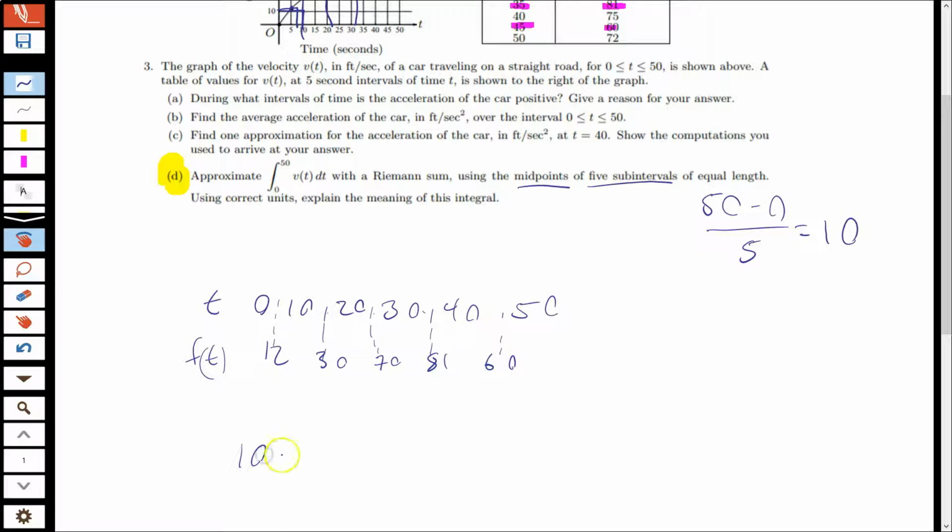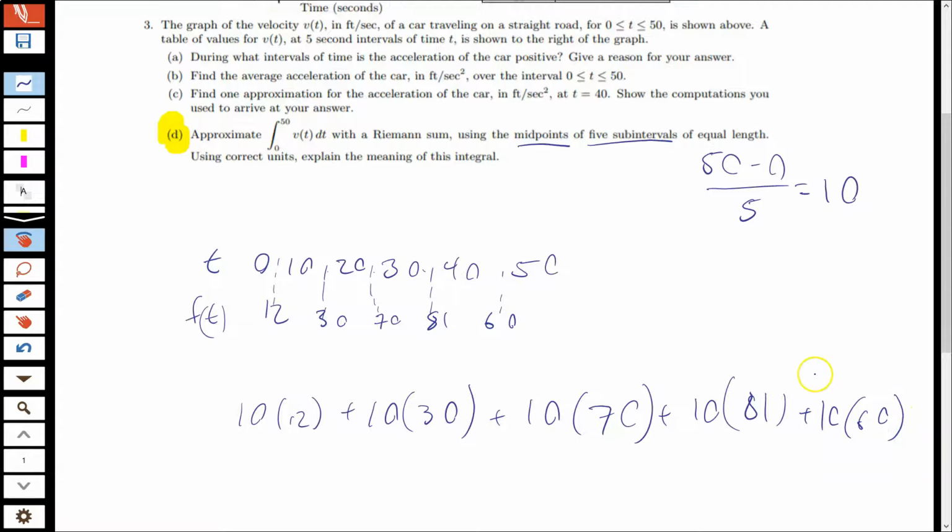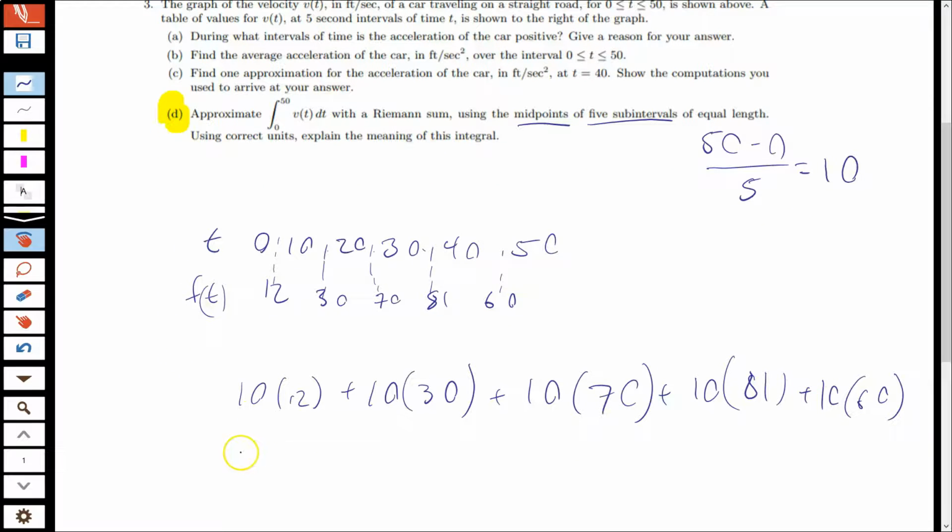So what that would look like is 10 times 12. The change in t every time is 10, right? So 10 times 30 plus 10 times 70 plus 10 times 81 plus 10 times 60. I can factor out the 10 here. The easiest way to do this would have been to just add up all these values.